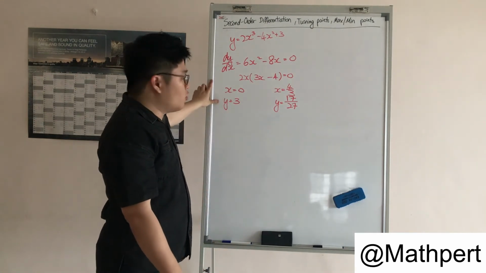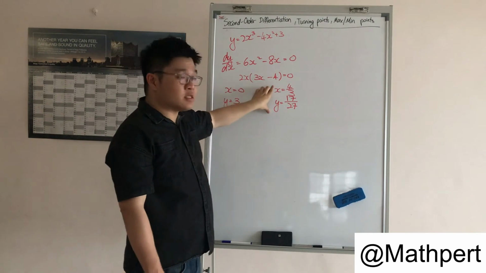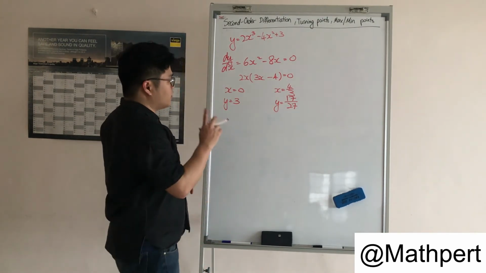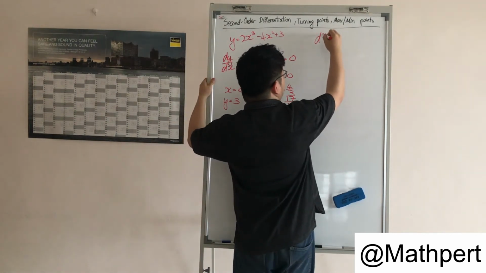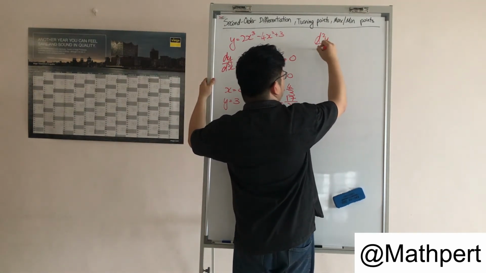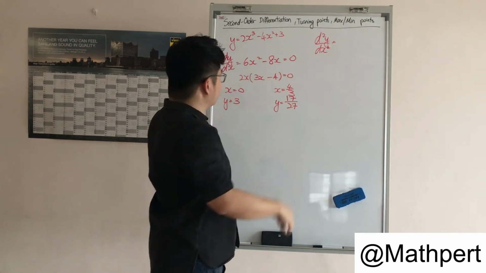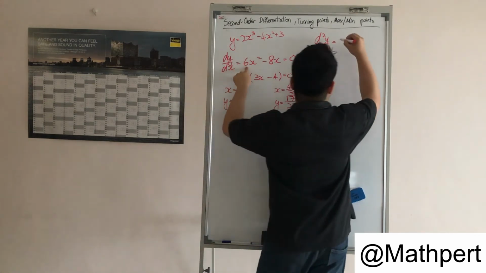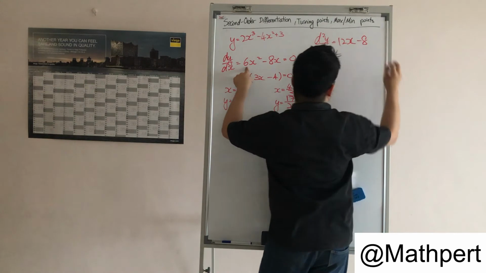And how do we know whether this one is a maximum or minimum point, or this one is a maximum or minimum point? Now we get the second order differentiation, d squared y over dx squared. So differentiate this one, we get 12x minus 8.